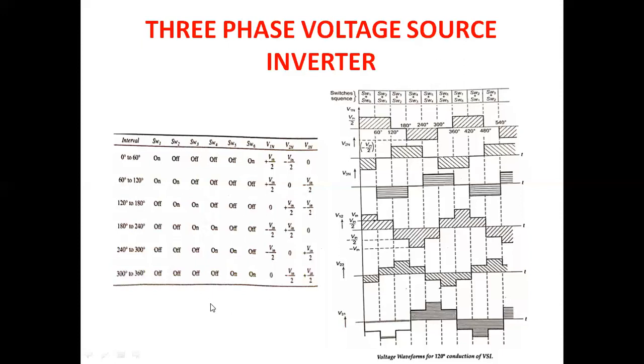Because the total rotation is 360 degrees and we are taking intervals of 60 degrees, when switch 1 and switch 6 are on for the first interval, the output voltage V1N, the voltage across the load, will be plus Vin by 2 for that 60 degree interval.